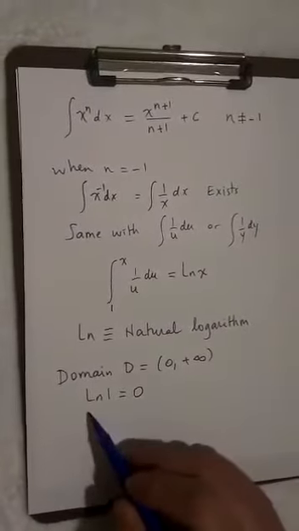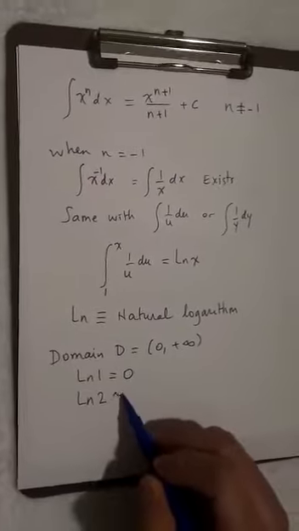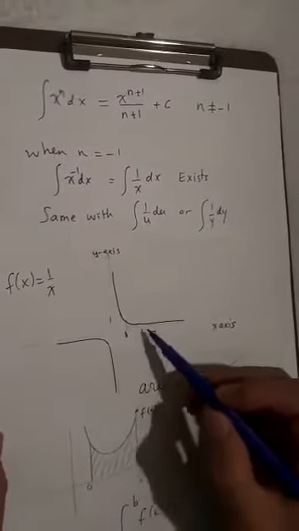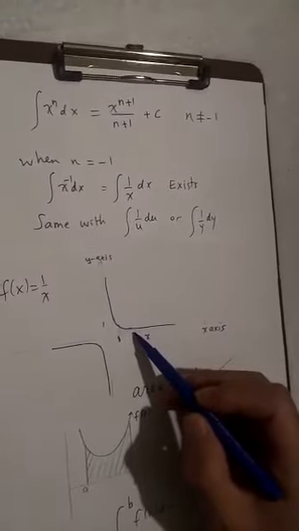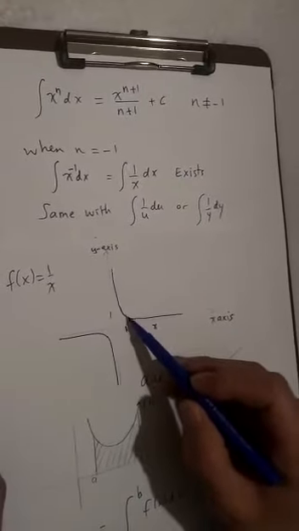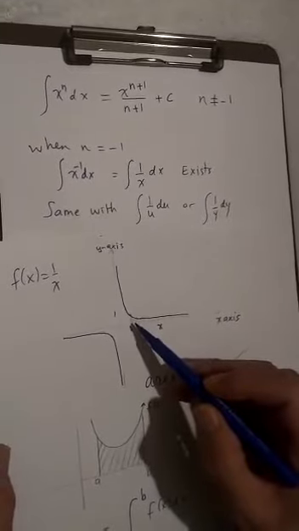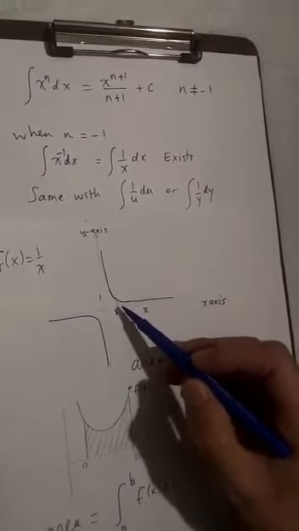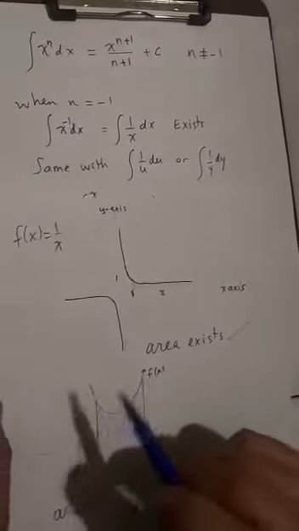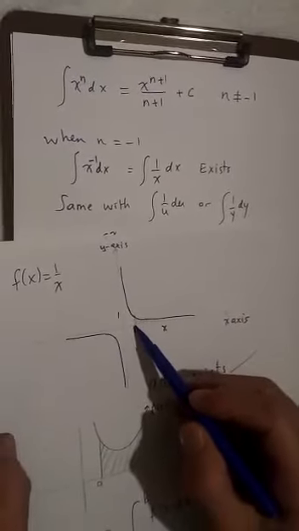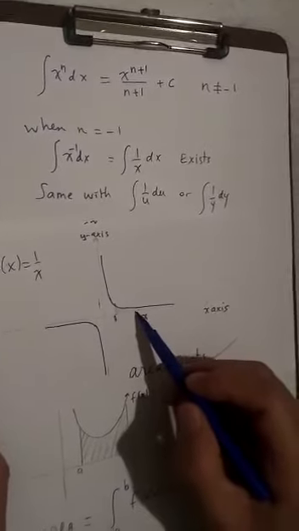So for example, what's the logarithm of 2? To find the logarithm of 2, you locate 2 on this graph and you find the area under the graph between 1 and 2. Whatever that area is, that's the logarithm of 2. It ends up being 0.693. I'll write it in a minute. To find the logarithm of 3, same thing: you measure the area under the graph from 1 to 3.